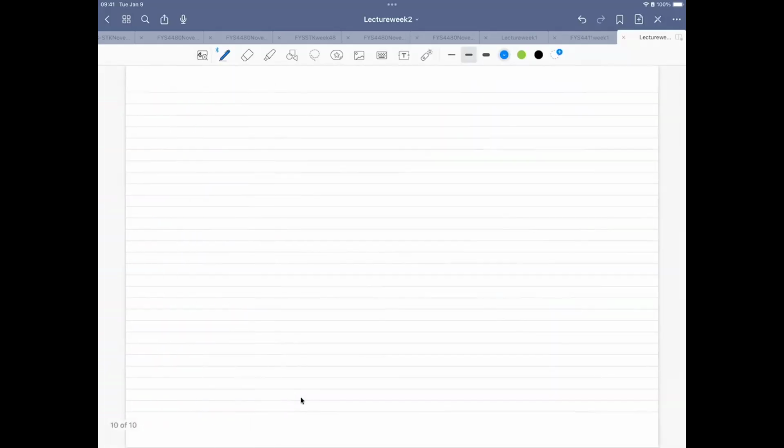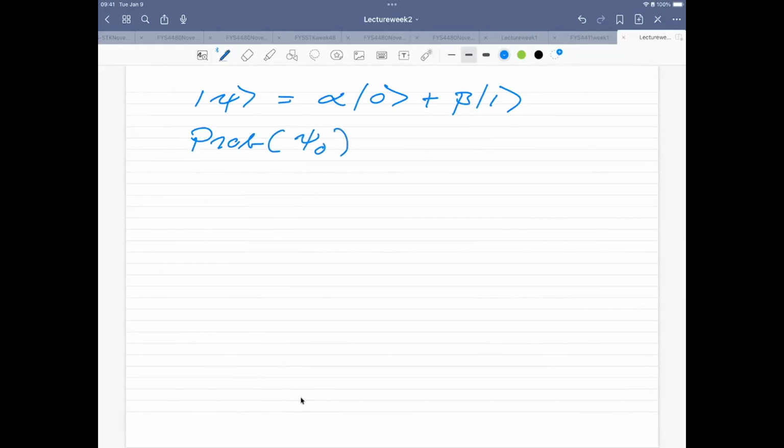So again, you could think of this as a state represented on the Bloch sphere. So we have the superposition of the two computational basis states. And then we're asking ourselves, what is the probability of finding psi in the state 0? So when I put a subscript 0, this is actually finding it in the state 0.